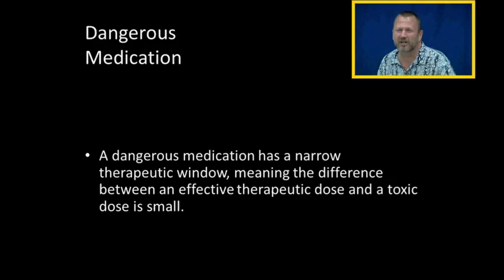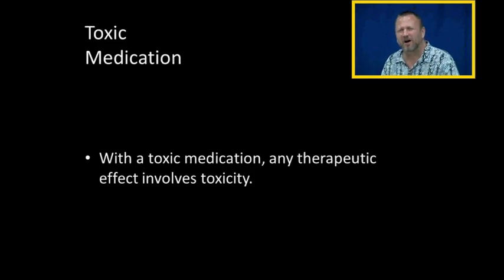Maybe we can't achieve maximum therapeutic effect without some toxicity. But toxic medications mean that any therapeutic effect involves toxicity. And when we talk about cancer chemotherapeutic agents, you'll see them sometimes referred to as toxic medications because we cannot achieve therapeutic effect without toxicity.